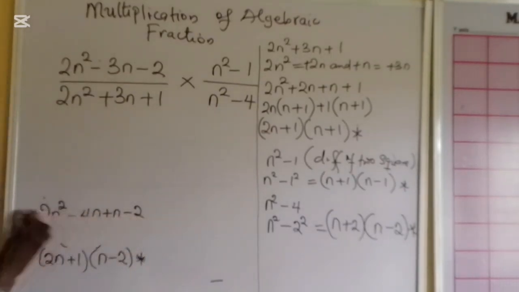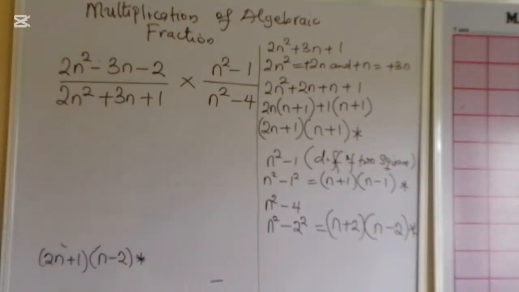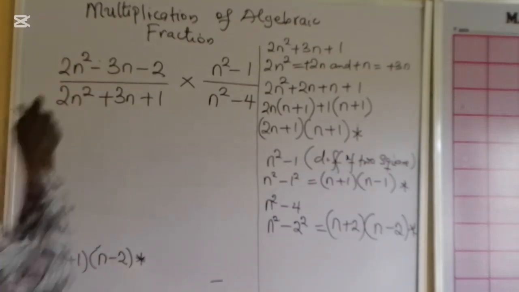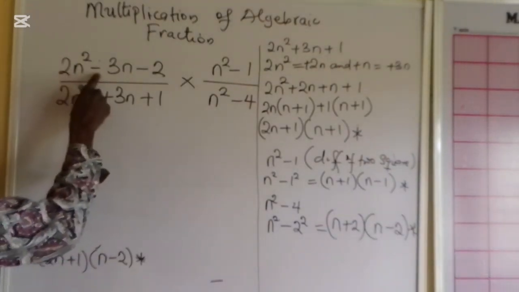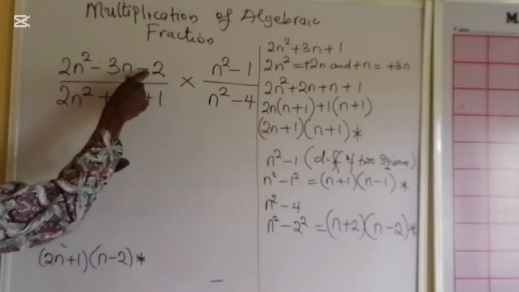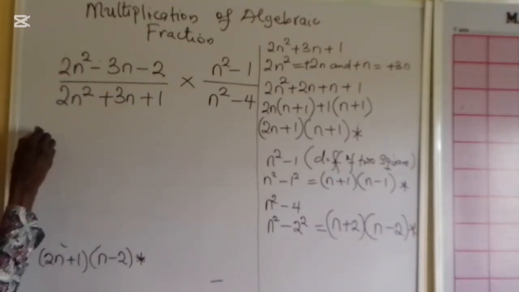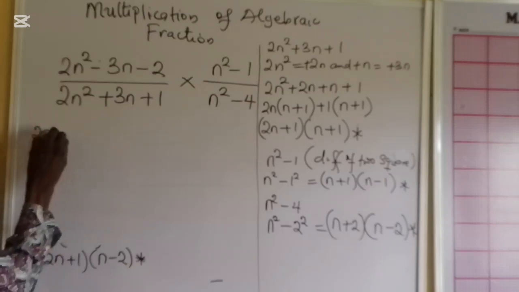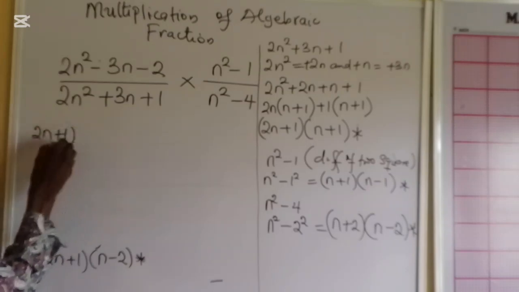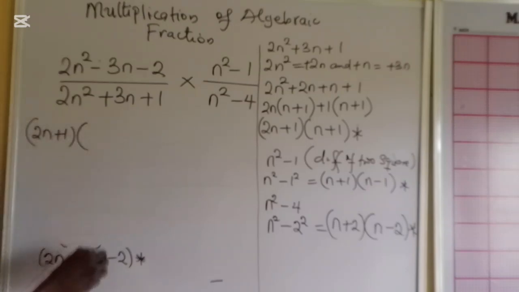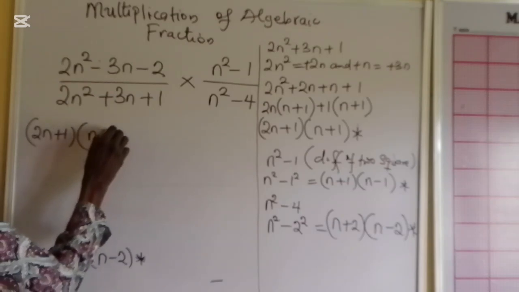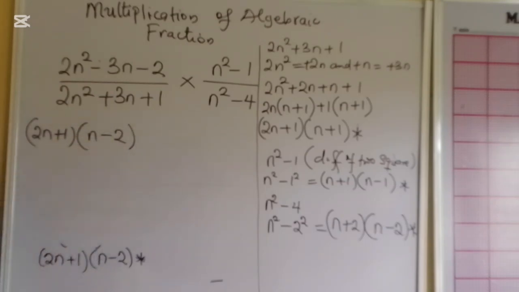Okay, let us substitute it now. The numerator 2n² − 3n − 2 is (2n + 1)(n − 2).